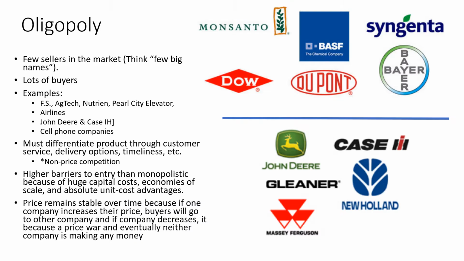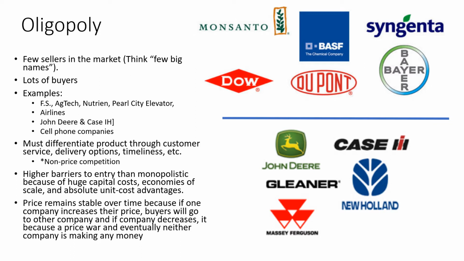So the second type of market that can exist in an imperfect competition is oligopoly. So oligopoly is different from monopolistic, because in monopolistic, there are still a lot of different options.